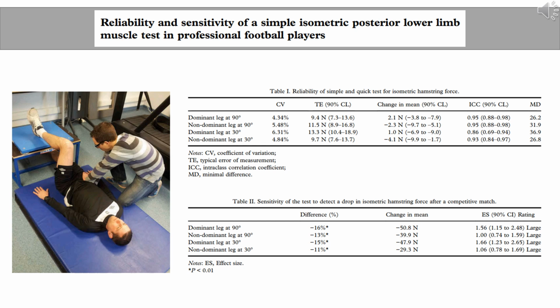And you can see that we're getting generally between an 11 and 16% drop-off in force, which represents a large effect size for each leg at each angle. So not only is this isometric test reliable, it's quite quick and easy to do, it's sensitive at being able to detect meaningful change in hamstring force or hamstring strength after a match, so it serves as a really, really useful testing method, particularly in a muscle group which is so prone to injury in this sport.